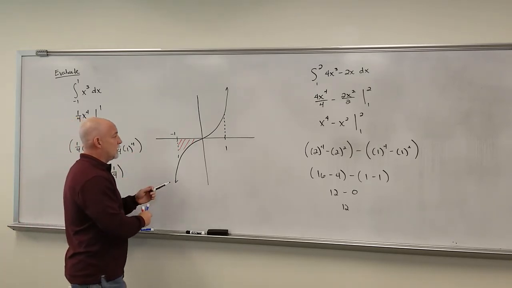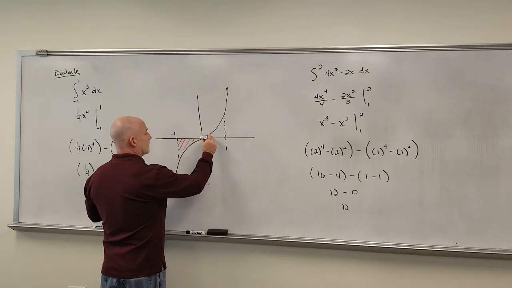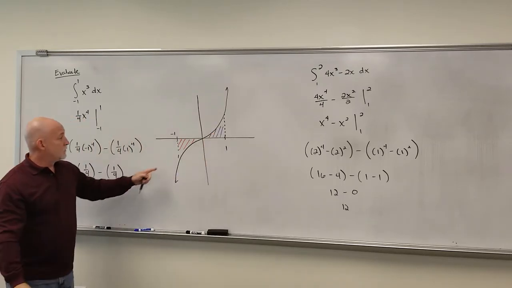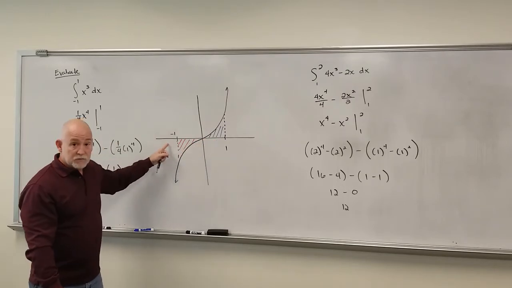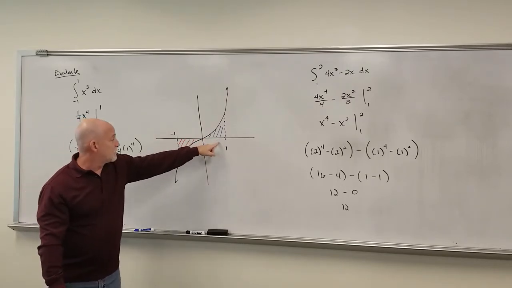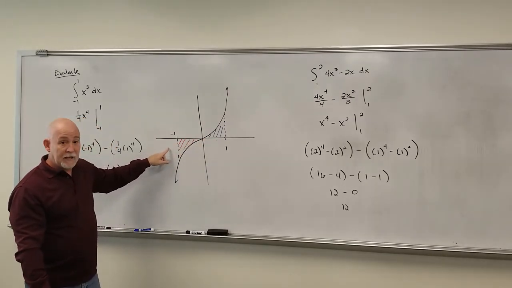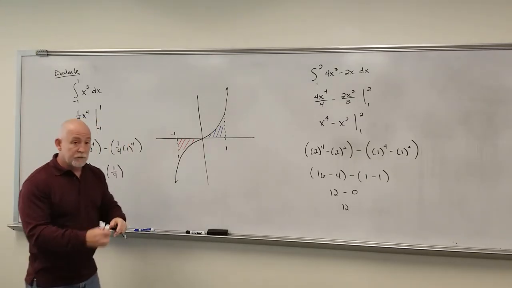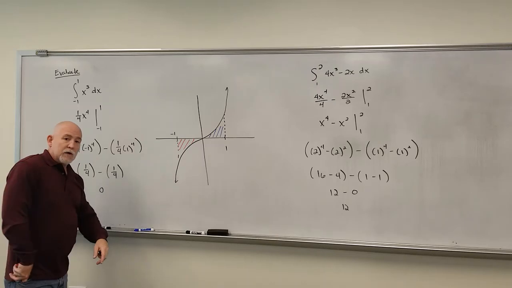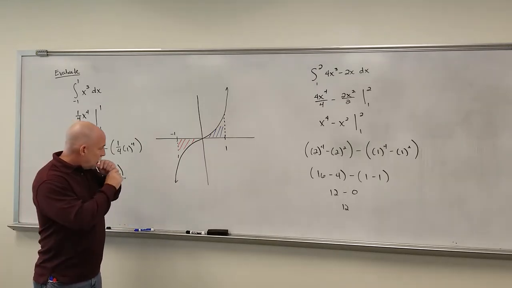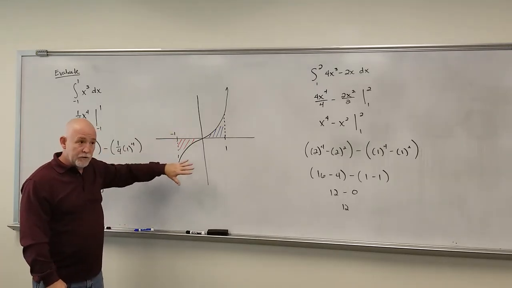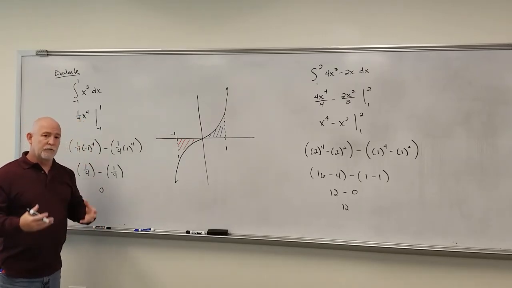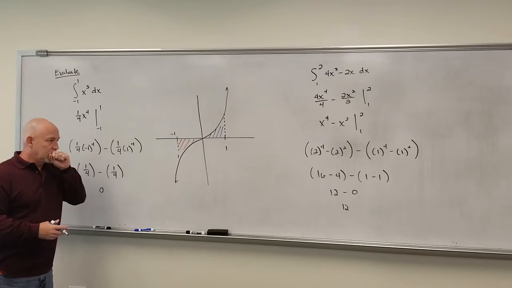Now this piece over here, since this is the area between the curve and the x-axis, that would actually be positive. But visually you can see that they're the exact same size, so this positive area was canceled out by that negative area. Now I know it's weird when you say negative area because there's no such thing as negative area. We call it negative area because we just say that means it's area below the x-axis, which runs us into a few problems that we're going to see in the future.